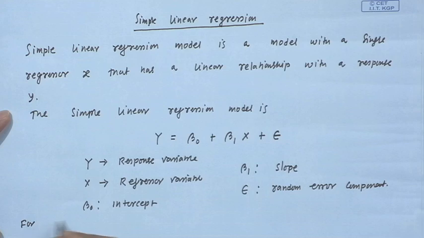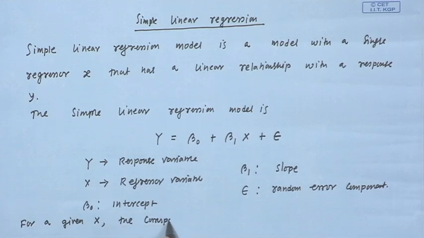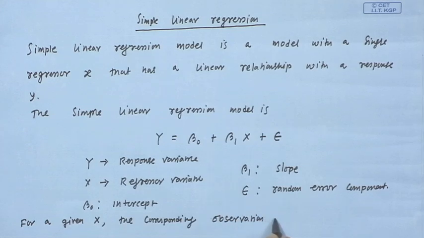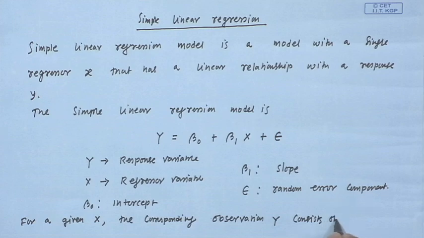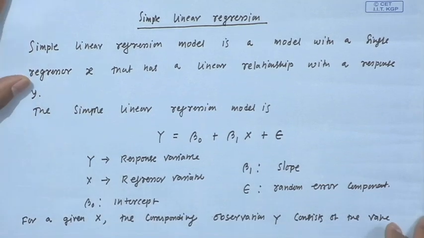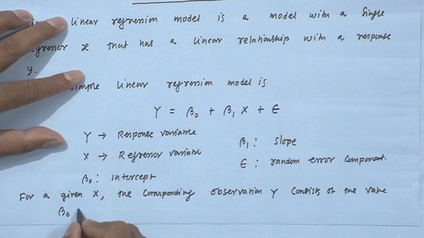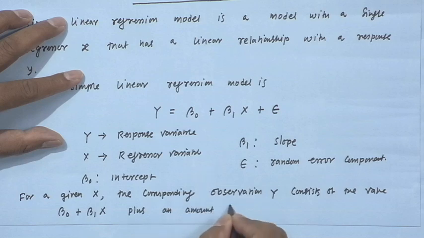For a given x, that means given the advertising cost, the corresponding observation y, that means the corresponding sales amount, consists of the value beta naught plus beta 1 x plus an amount epsilon.